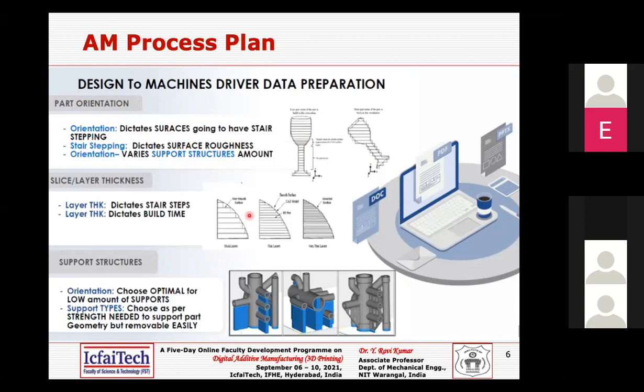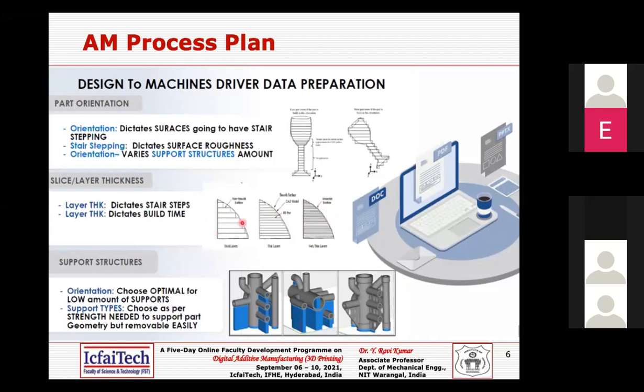And of course the layer thickness, as we discussed: if you go with very thick layers, you have more error. If you reduce the layer thickness, you may get better accuracy and resolution, but that is at the cost of build time, and may unnecessarily increase the build time.